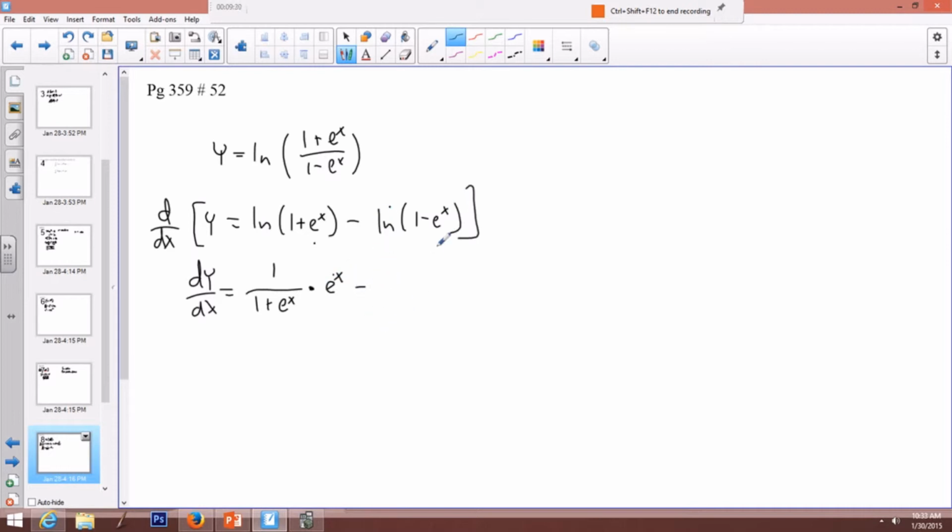And again, I have an ln rule here. So 1 over the inside function, so 1 minus e to the x, times the derivative of that inside function. And the derivative of 1 is 0, and the derivative of negative e to the x is negative e to the x. And so I finish this thing out by saying it is 1 over 1 plus e to the x, and then minus a negative is going to be like plus a positive.